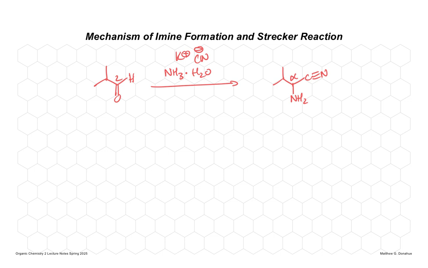So when ammonia condenses, we're going to have the lone pair of the nitrogen attack the carbonyl carbon. And then once that happens, we have to protonate the negative charge on the oxygen, do some proton transfers, and then eventually the oxygen will leave as water.